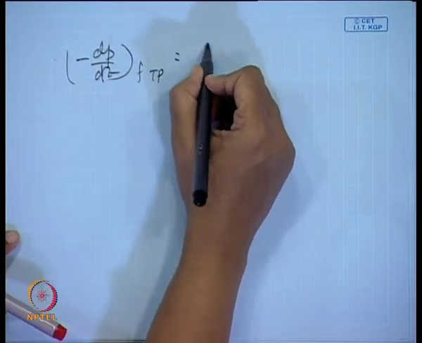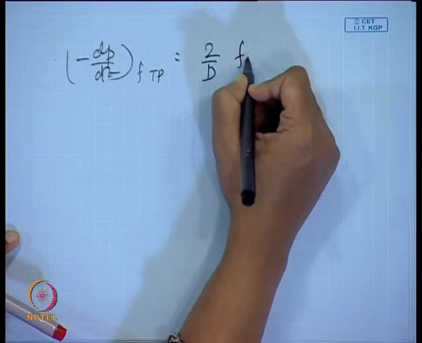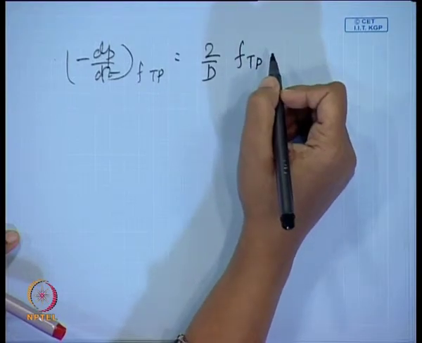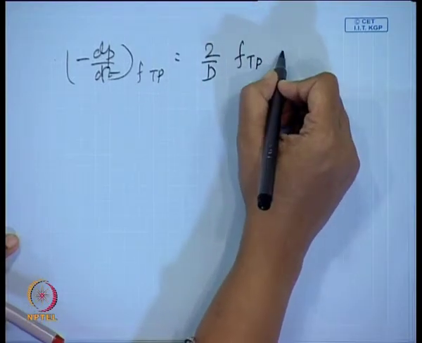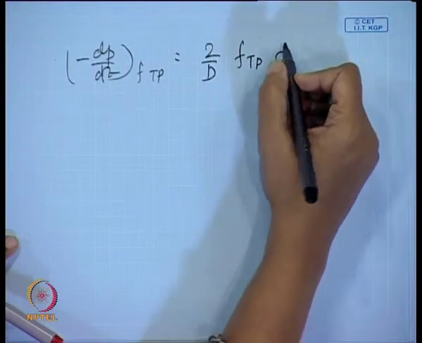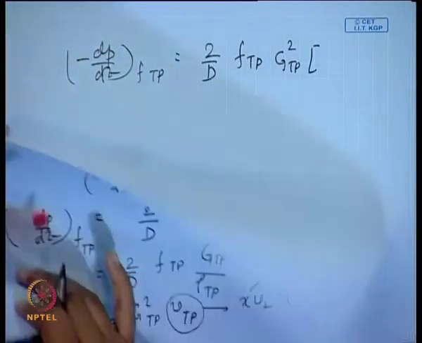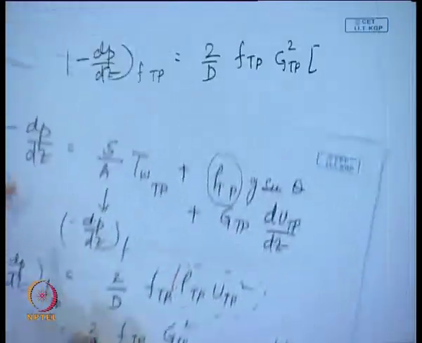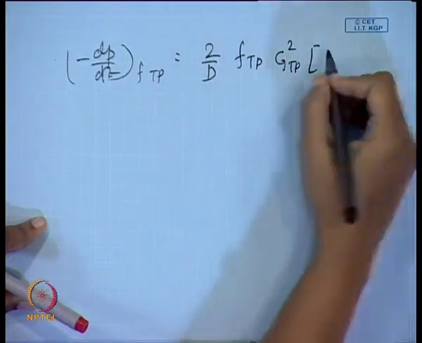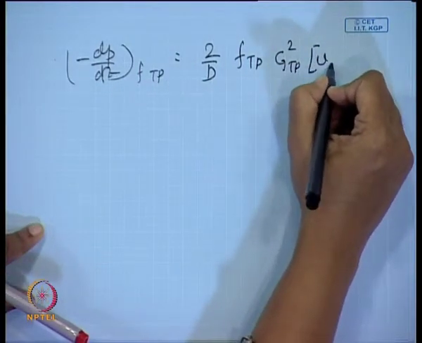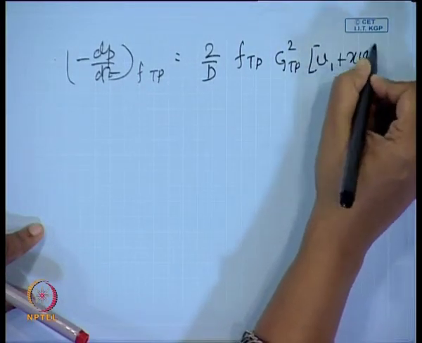This is obtained as 2 by d f TP G square, and this particular term can be written down as V1 plus x V12.